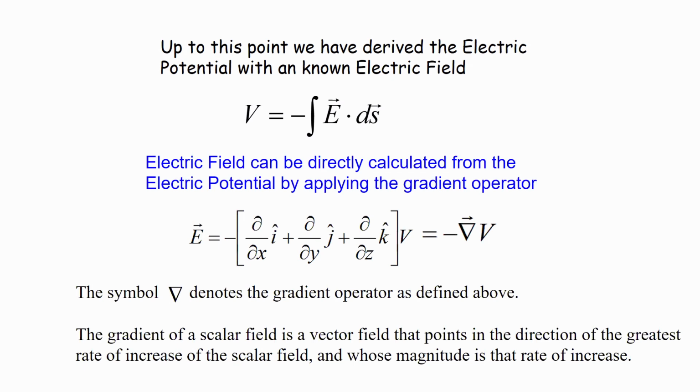The gradient of a scalar field is a vector field that points in the direction of greatest rate of increase or decrease of the scalar field. And of course, the magnitude is the rate of that increase. This is what's called a gradient operator.